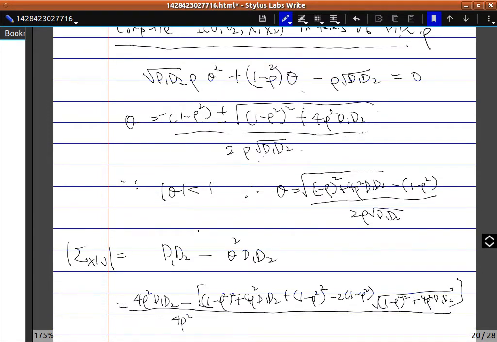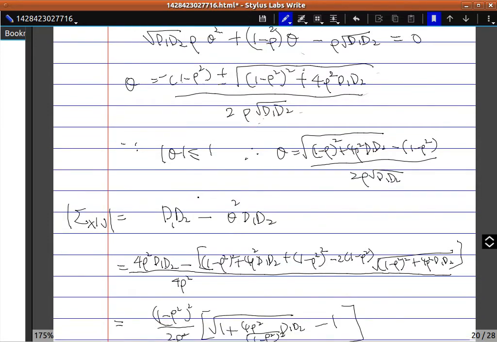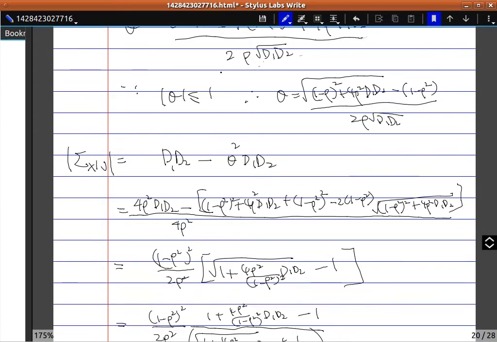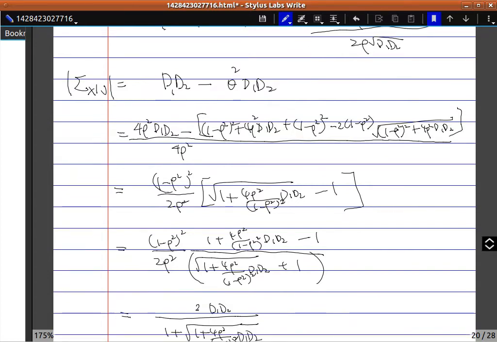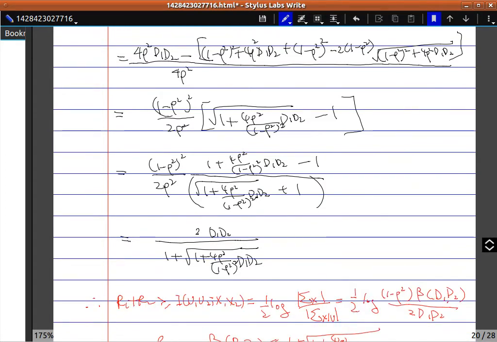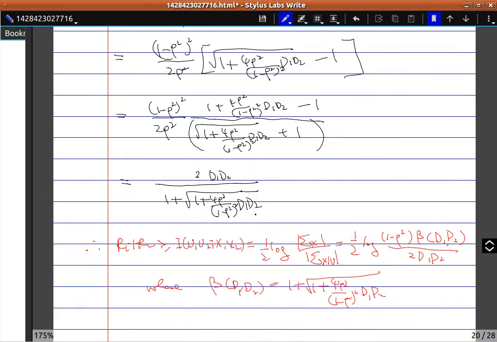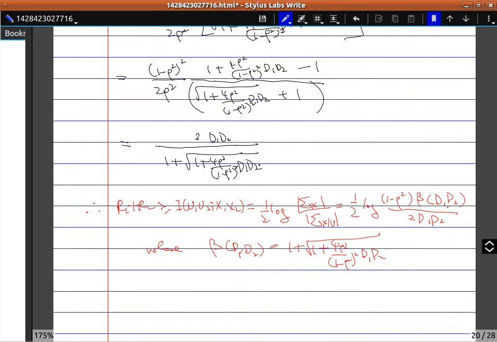But of course, theta is a correlation coefficient. It has to be bounded. The absolute value of theta has to be less than or equal to 1, and therefore we can only take the positive sign solution. So I have theta equal to this. Now we can substitute theta back to compute this sigma x given u, and after some algebra, just rearranging terms, eventually we will get this.